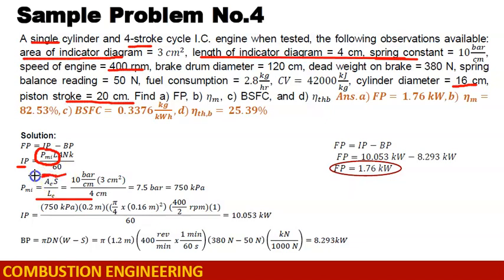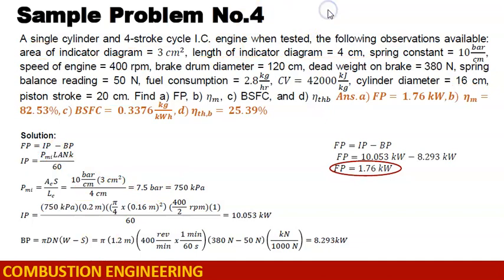This is the diagram that will show us the PMI. Substituting those givens, we can solve for PMI as 7.5 bar. In kPa, that is 750 kPa.